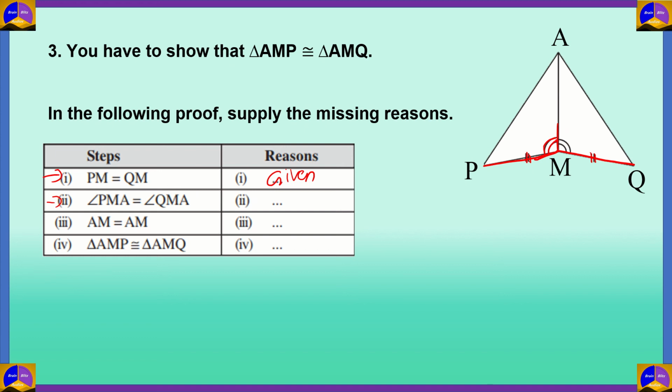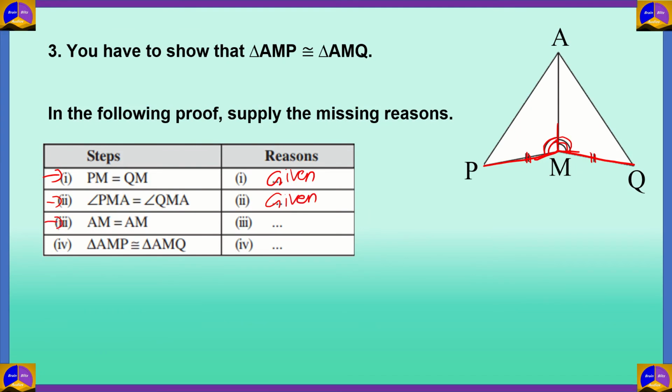Now angle AMQ also has the two lines, so that means that angle PMA is equal to angle QMA. The reason would be given.